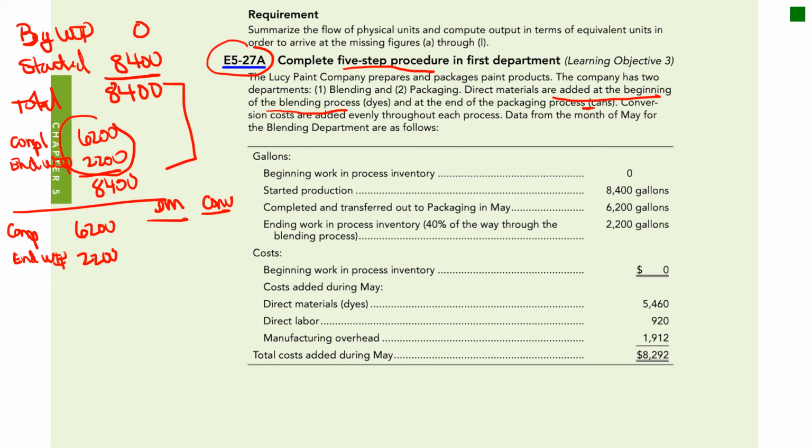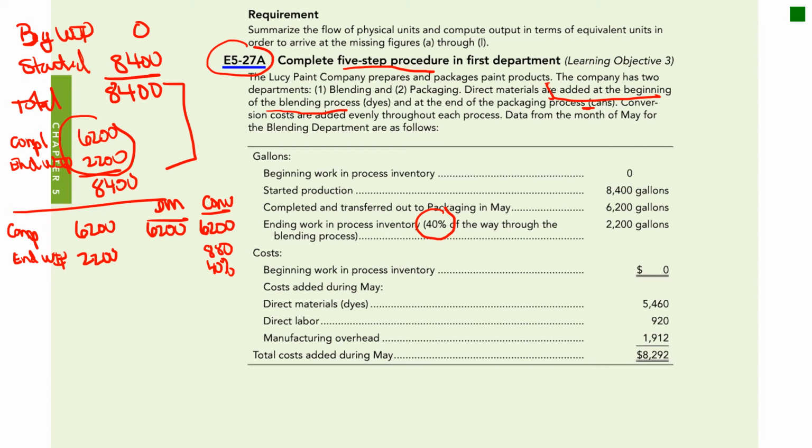We know that if it's completed and transferred out, it's 100% complete, so that's going to be 6,200 for both. The question is what's going to be the ending work in process? One of the keys right here, it says 40% of the ending WIP is complete. That 40% is for conversion. So if you take the 40% times the 2,200, you get 880. That's where they got that.